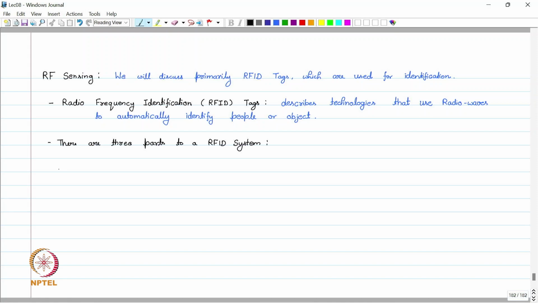The first one is the RFID tag, which is actually programmed with the information.